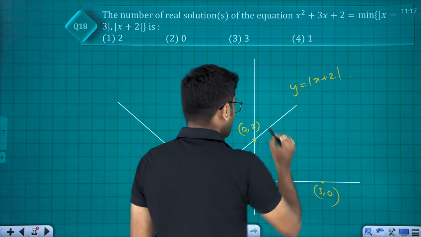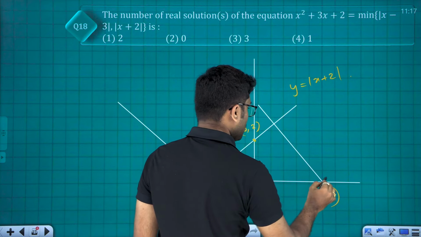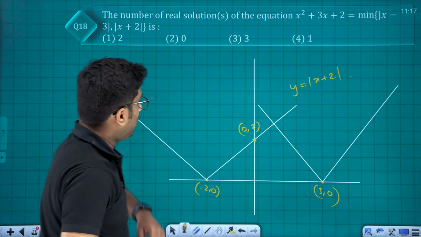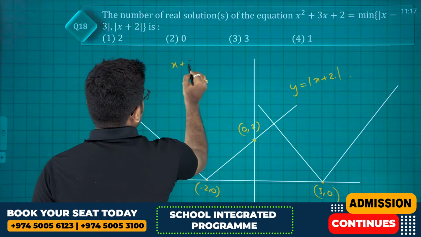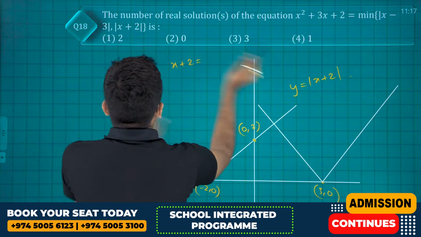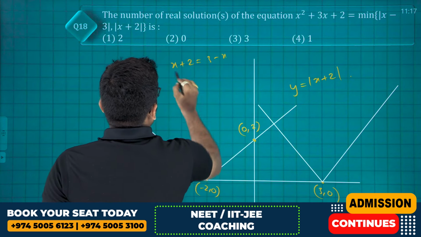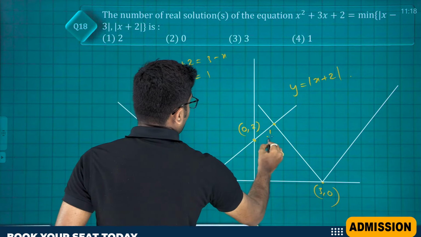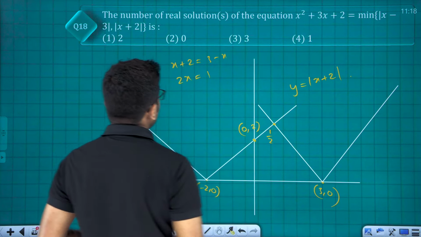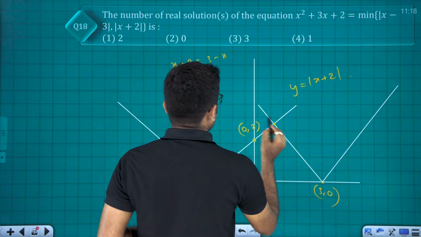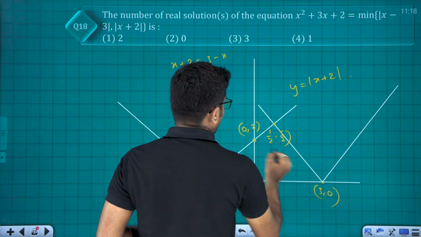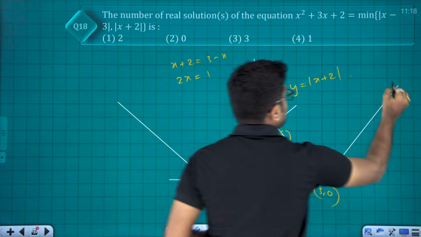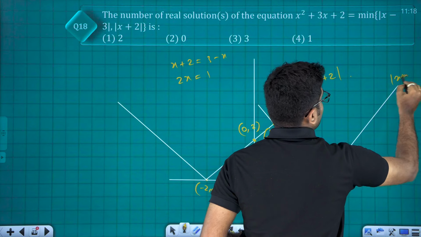So this is our mod of x minus 3, and these two intersect where x plus 2 equals 3 minus x. So 2x equals 1, x equals 1 by 2. If x is 1 by 2, y is 3 minus 1 by 2, which is 5 by 2, the point 1 by 2 comma 5 by 2. Now this is our mod of x plus 2 and this is mod of x minus 3.